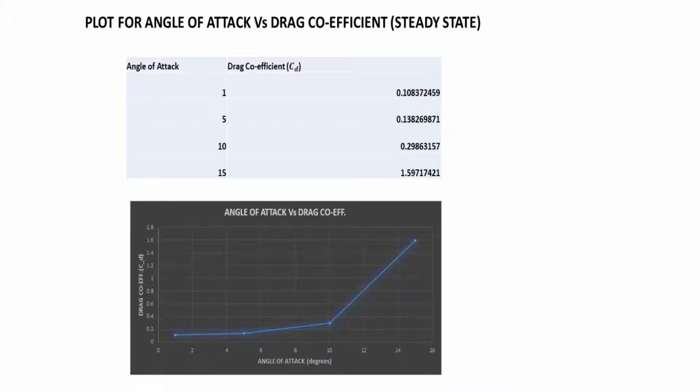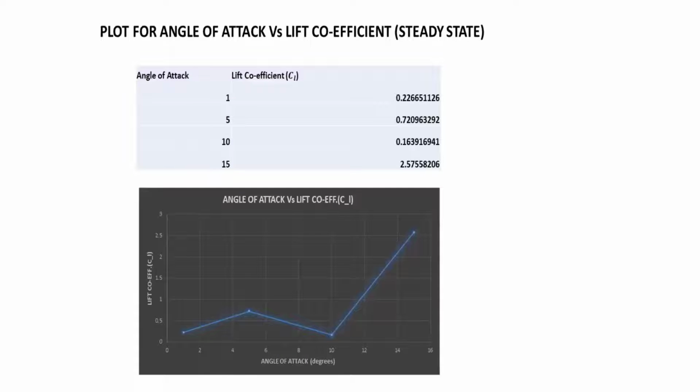Then these are the plots which I plotted: angle of attack versus drag coefficient. I took the drag force formula, put in the values which I received after running the simulation, and calculated and plotted this using Excel, right? As the angle of attack increases, my drag force also increases because the drag coefficient is increasing.